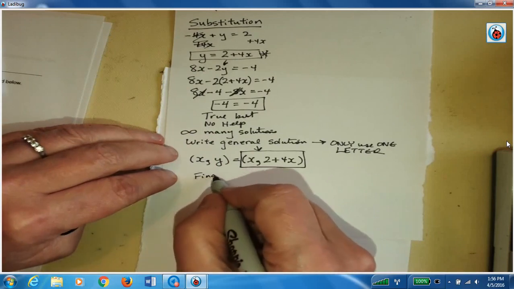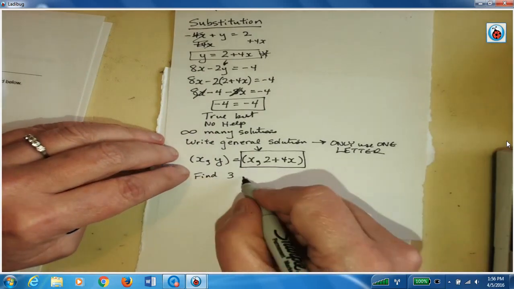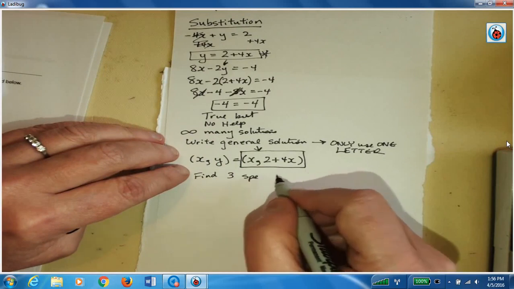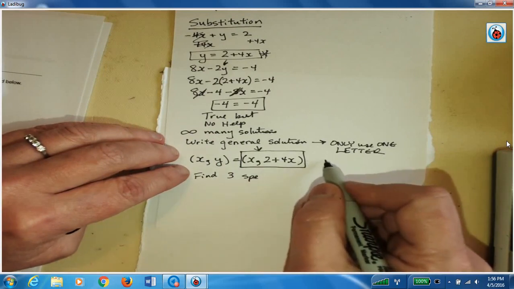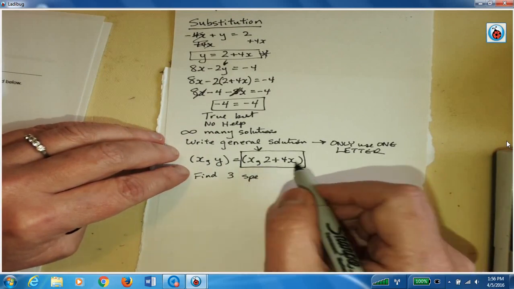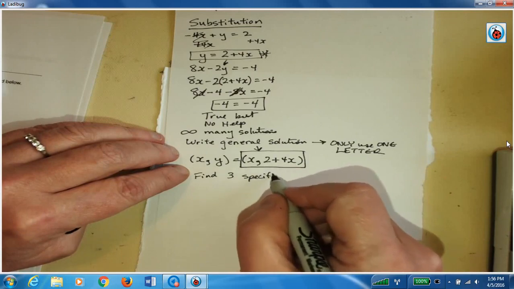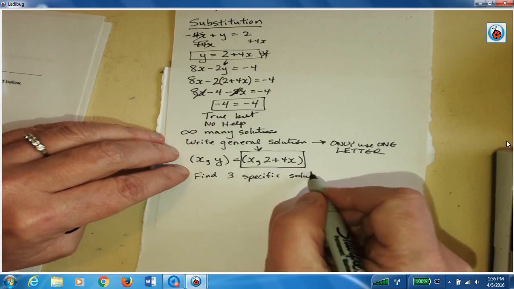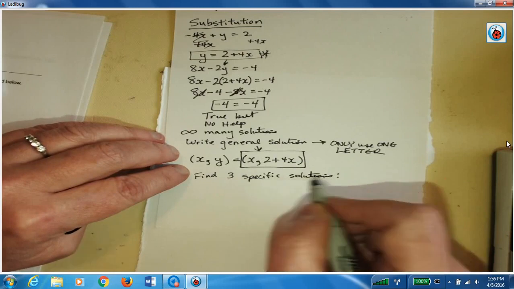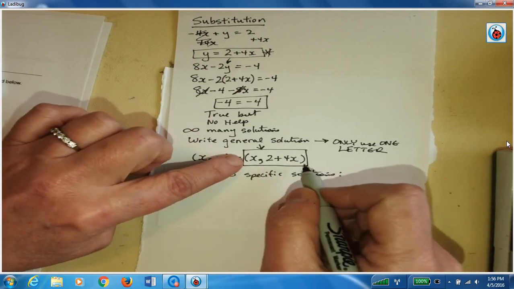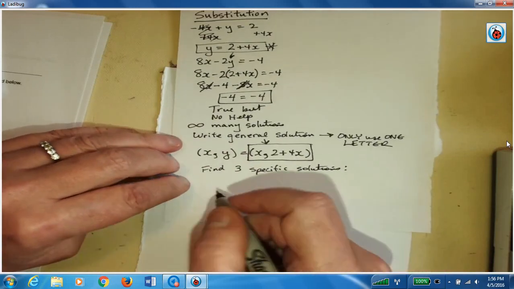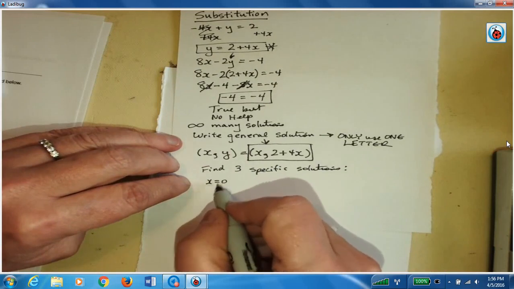So let's find 3 specific solutions. So this is infinitely many solutions. They can all be written like this. Well, how do you find specific solutions? You're free to let x be whatever you want it to be. Let's let it be something really easy. How about 0?